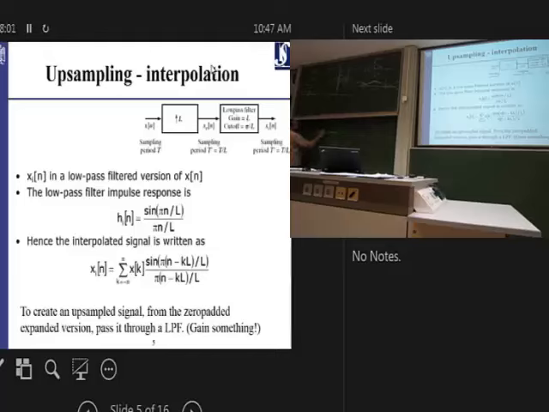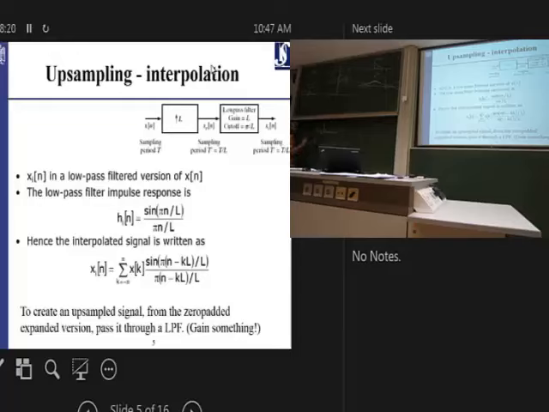then when you do the upsampling, for example here, you want to upsample by the ratio of 3. It means that every 2 samples you need to add 2 zeros.